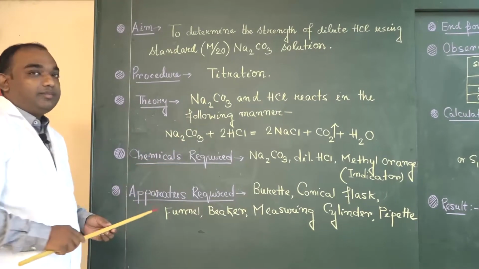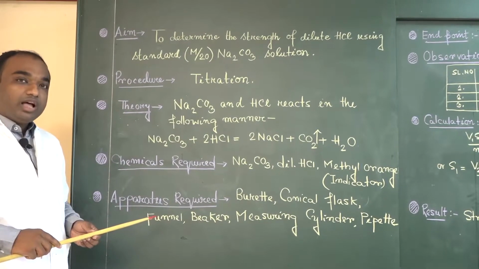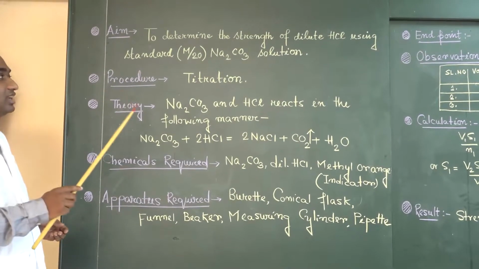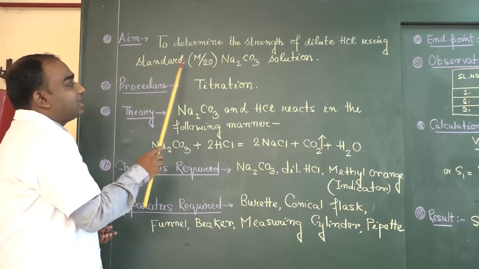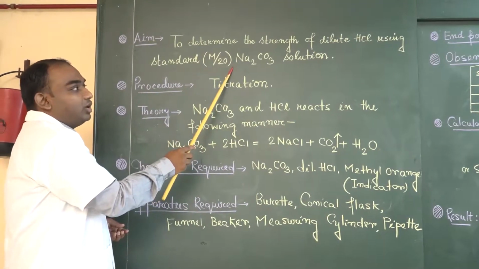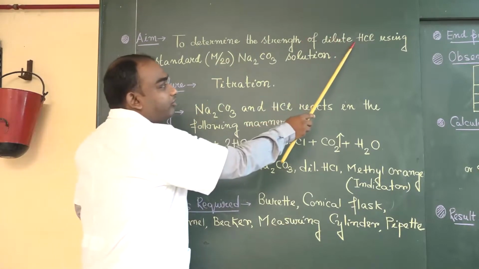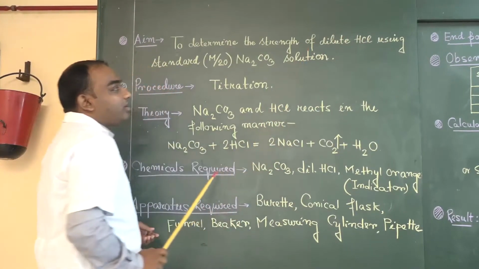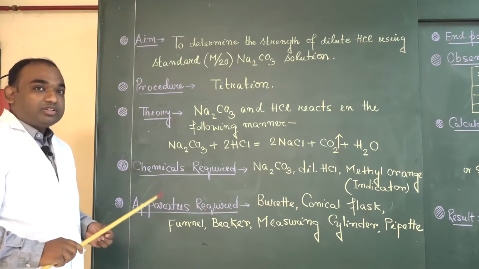What is titration? In titration, we will find the strength of an unknown solution with the help of a standard solution. In this case our standard solution is sodium carbonate. So this is the known solution, and with the help of this solution we will find the strength of HCl solution, which is our unknown solution. So the aim of titration is clear.